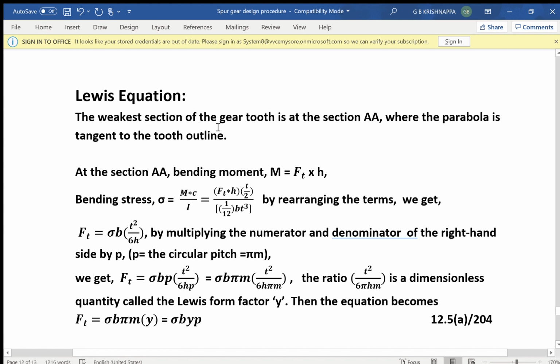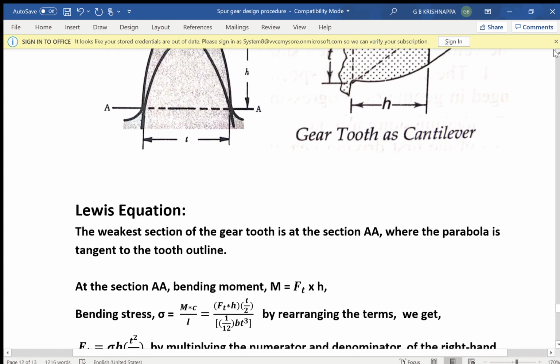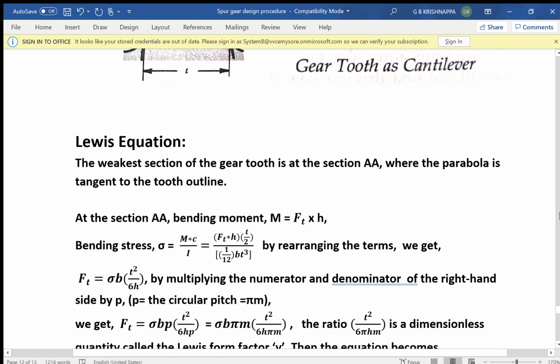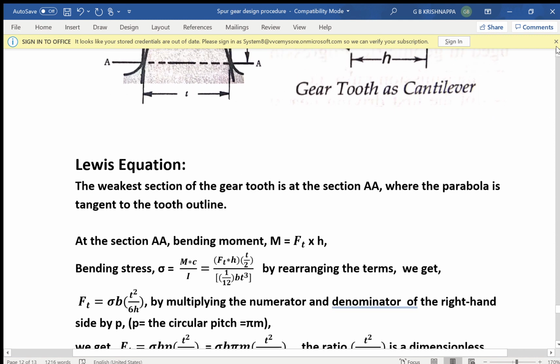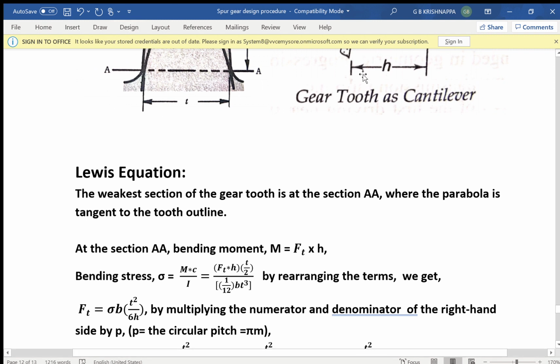The weakest section of the gear tooth is at the section AA, where the parabola is tangent to the tooth outline. At the section AA, bending moment M is given by M is equal to tangential force Ft into tooth height h.